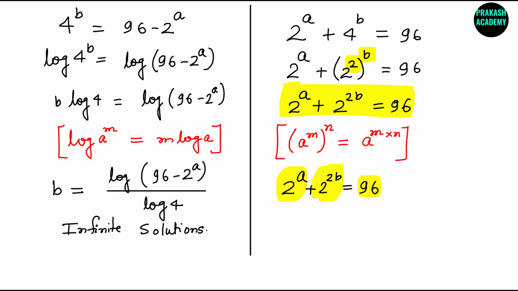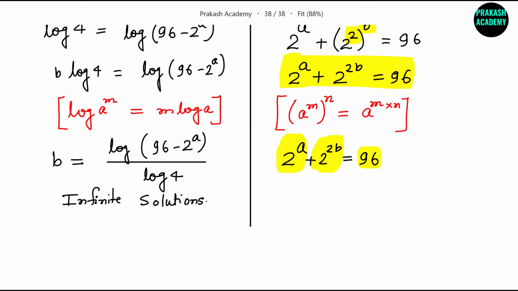So both numbers should be powers of 2. Let us see what possibilities we have, by taking different powers of 2.